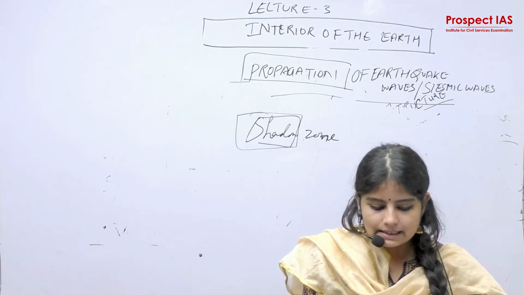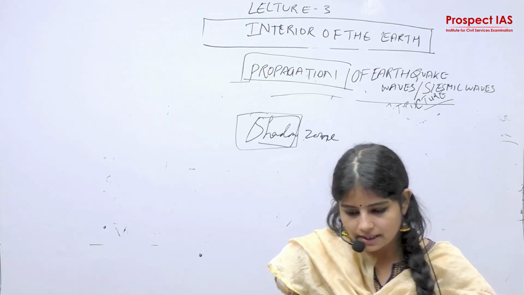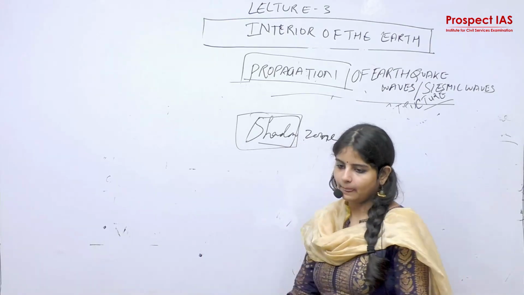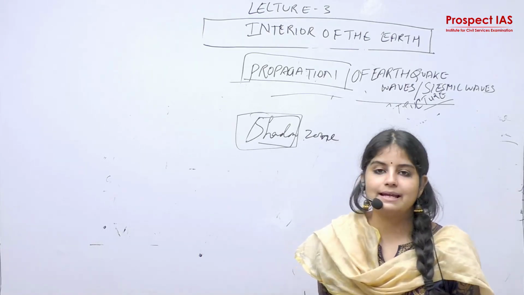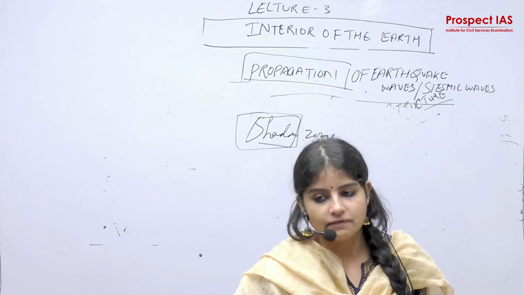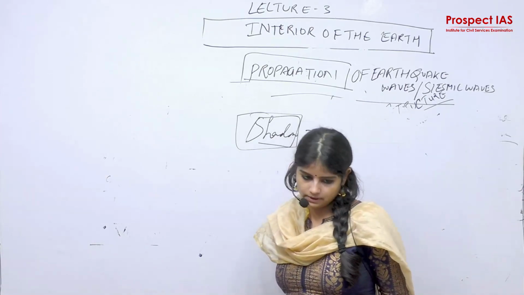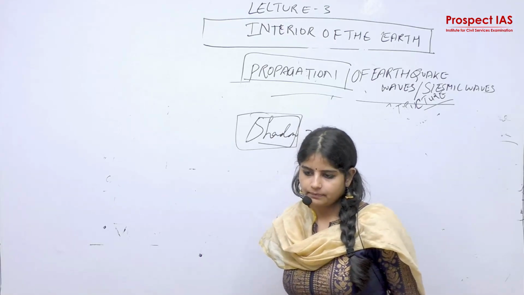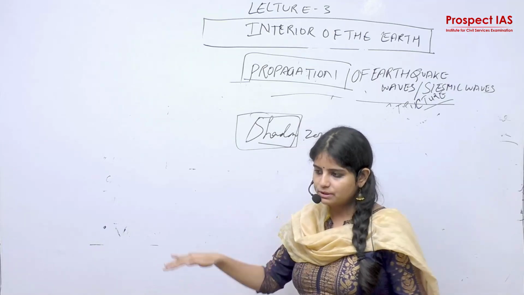The second reason is the liquidification of the mantle. The second reason for the arise of shadow zone, or the different distribution of volcanic eruptions and earthquake zones of the world, is liquidification of the mantle. The mantle's asthenosphere is liquid.